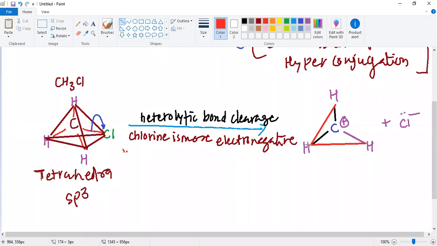All the bonds and carbon are present in the same plane, so we can easily understand that this is a trigonal planar structure, or you can even write it as triangular planar.